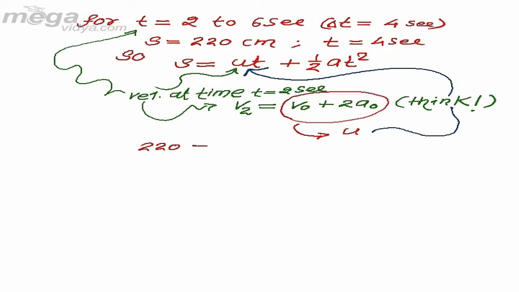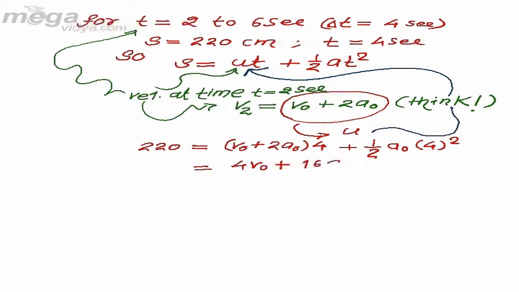If we use all these terms, then this equation gives us 220 equal to v naught plus twice a naught times the time taken, which is 4 seconds, plus half into a naught into 4 seconds square. So it now becomes 4v naught plus 16 a naught equal to 220, or finally we can write this equation as v naught plus 4 times a naught equal to 55.